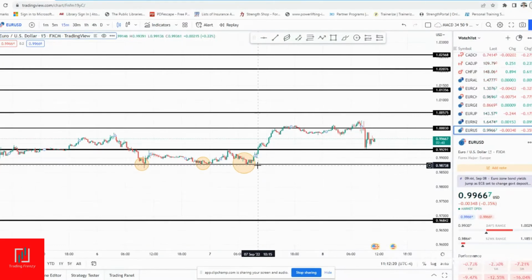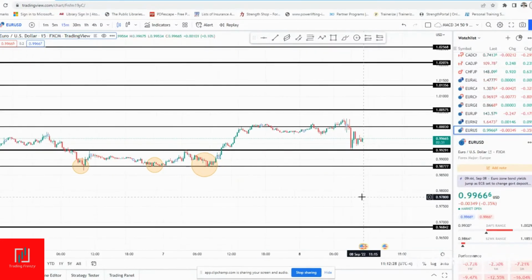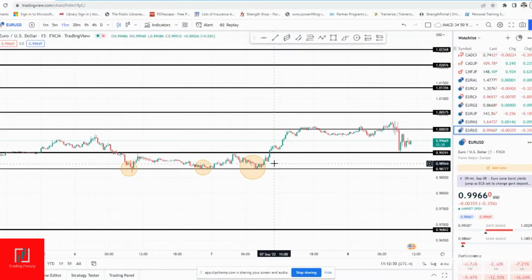Now we make the decision, it's bouncing off of there, not breaking through, and we're gonna place a buy trade. So now where do we want to go? The next area, where is the next area of resistance? So we look at the past.